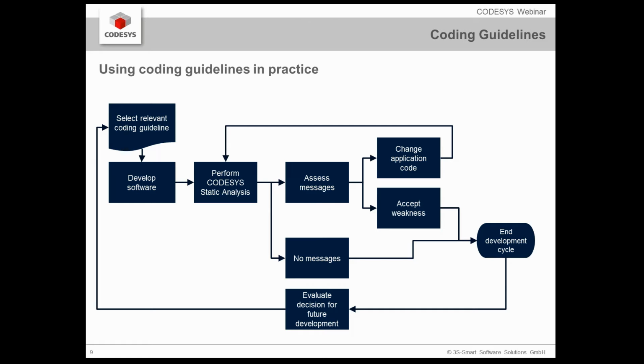They deliver their software iteration part or the complete software, and then during or as part of the delivery, the software development can perform static analysis or can perform an analysis of the coding guidelines.